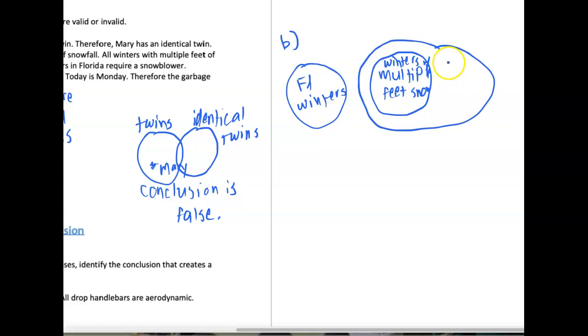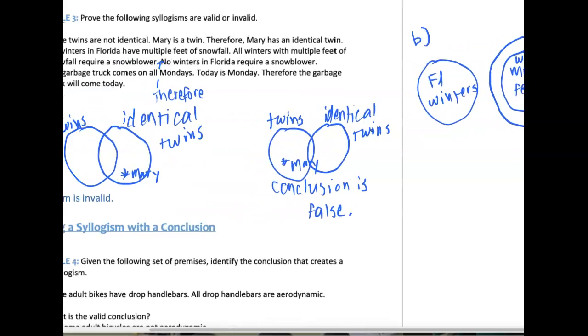So that means that winters that require a snowblower, that has to be totally around this winters with multiple feet of snow. That means that every winter with multiple feet of snow is inside this snowblower circle. So here's one possible Euler diagram where both of your premises are true.